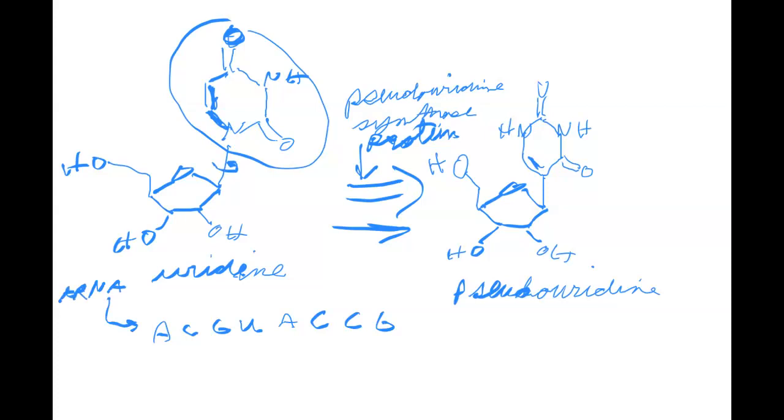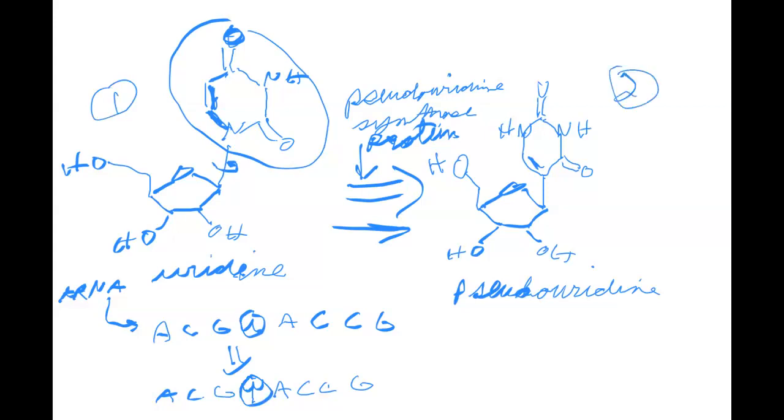Once this is created, it'll go through another process to make this U into a pseudouridine, which we will symbolize as this. So we have this molecule and this molecule, and the main difference is this rotation that takes place.